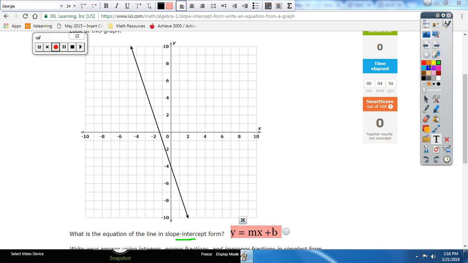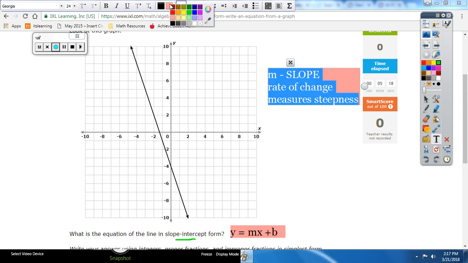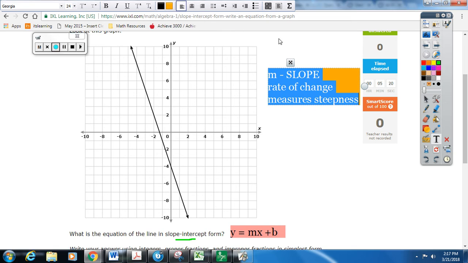I'm going to do it in a different color. So here's the m. M is the slope, which is the rate of change, and it measures steepness. So we use a triangle to know the exact measurement of slope.